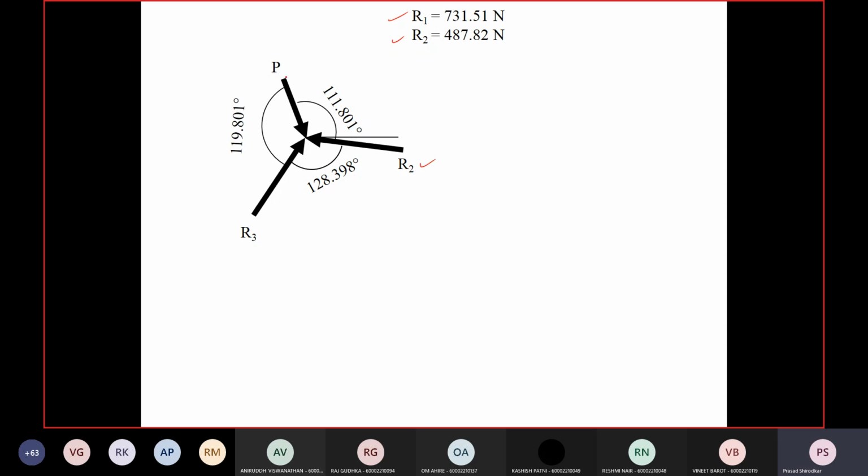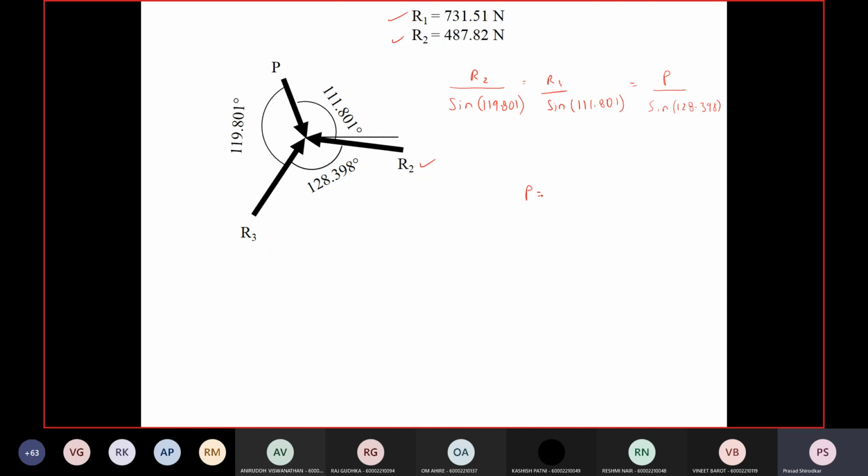Our aim is to find P. So R2 divided by sine 119.801 is equal to R3 divided by sine 111.801 is equal to P divided by sine 128.398.